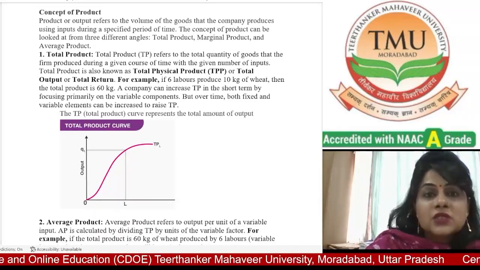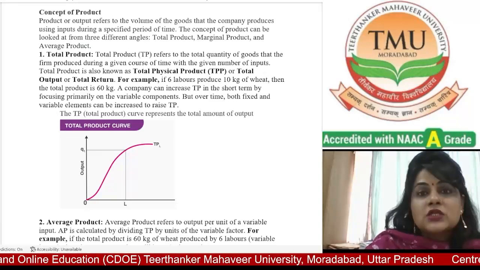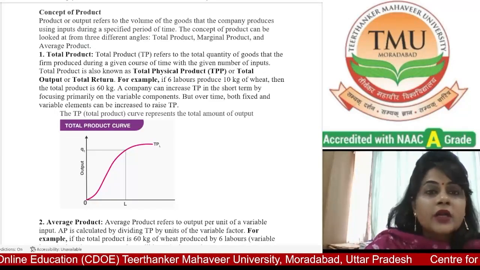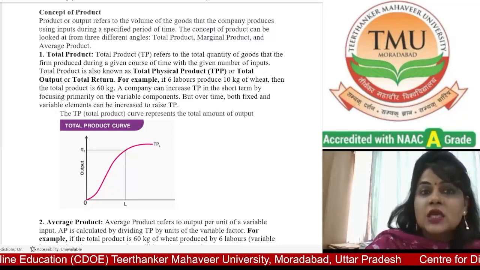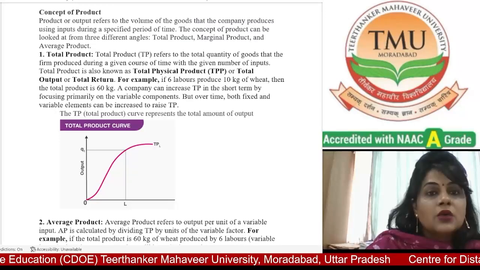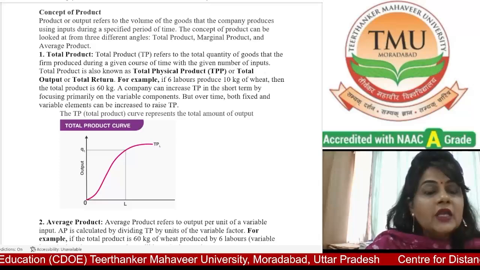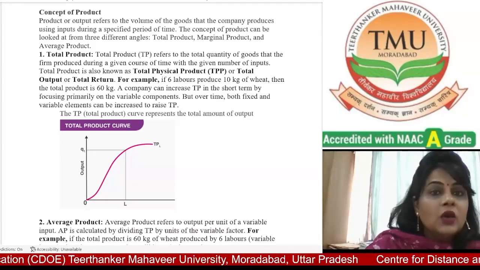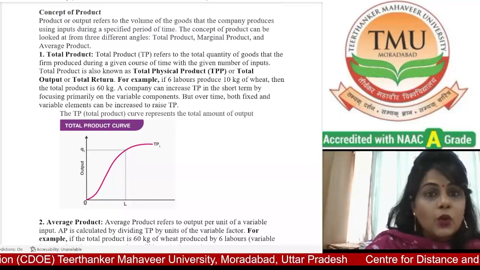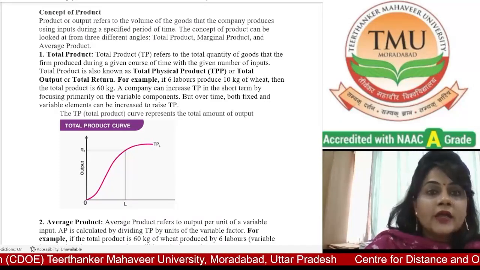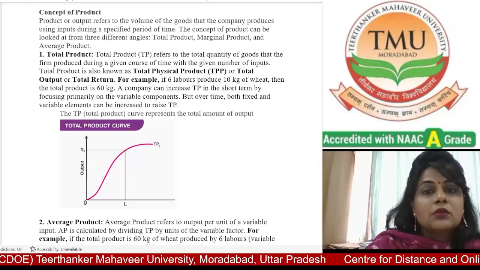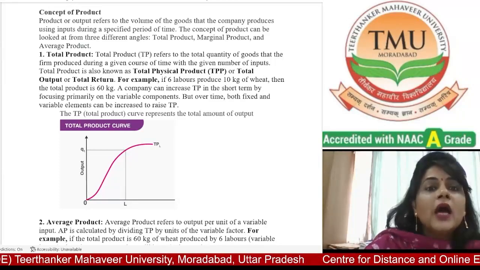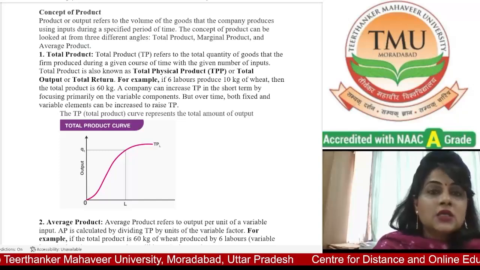For example, if six laborers produce 10 kg of wheat each, then the total product is 60 kg. A company can increase TP in the short term by focusing primarily on the variable components, but over a long time, both fixed and variable elements can be increased to raise TP.